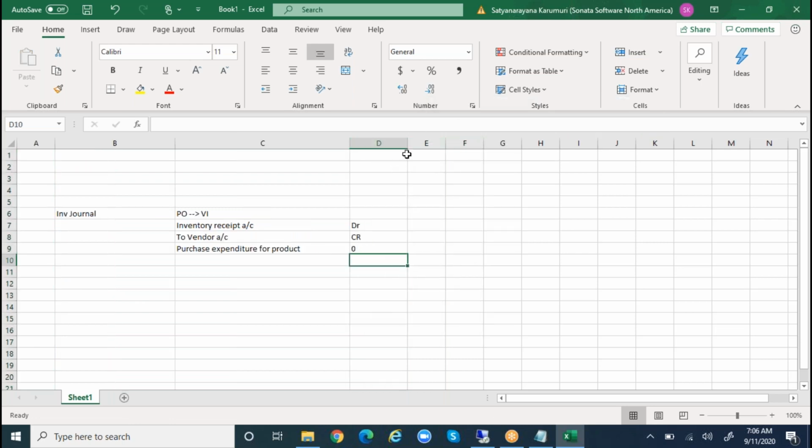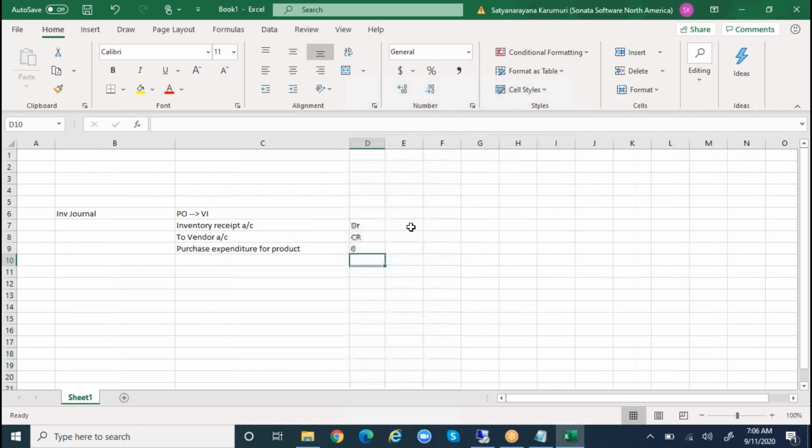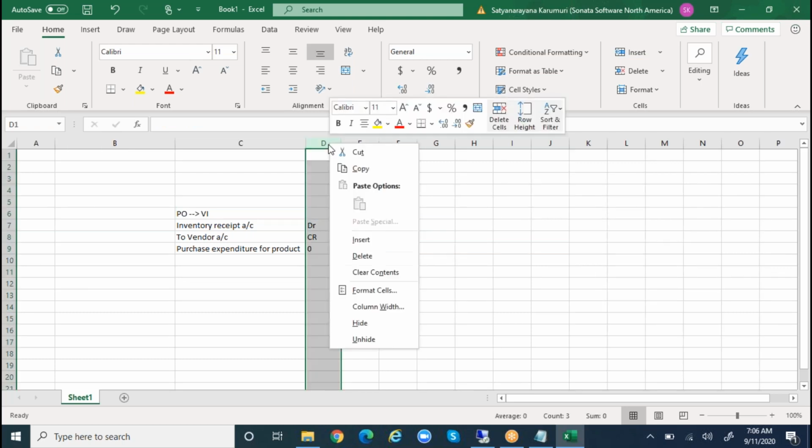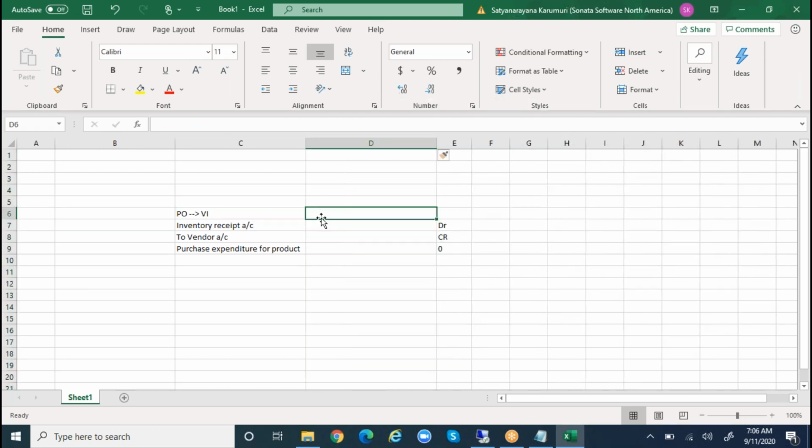Let me show here. If I am doing product receipt, at the time of product receipt, in general there are no financial postings.